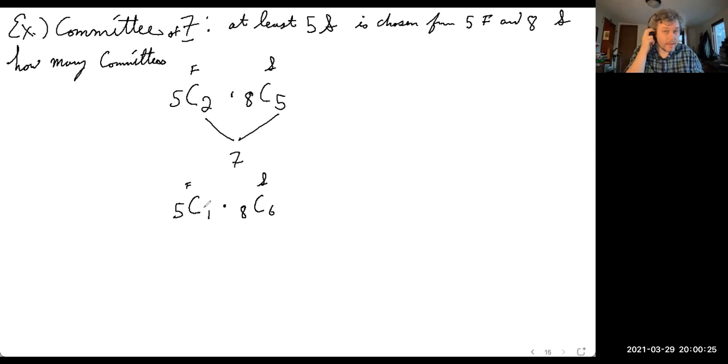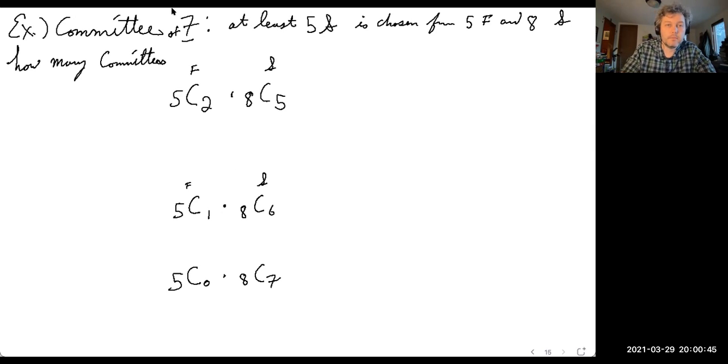It just says that we have to have at least 5 sophomores. So we could do this scenario as well. And we could even do 5 choose 0 times 8 choose 7. There's no restriction there. It says we have to have at least 5 sophomores, so we can do it that way. So let me delete that, make some room.